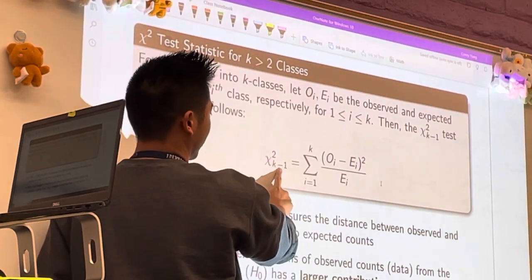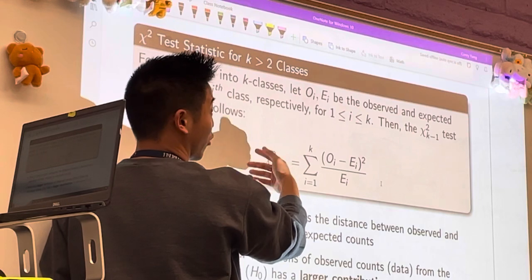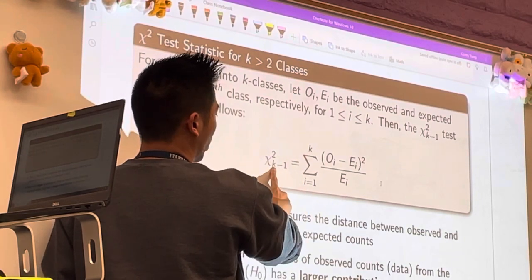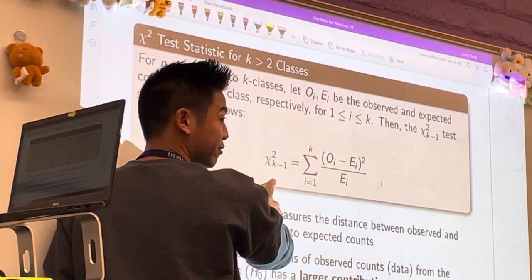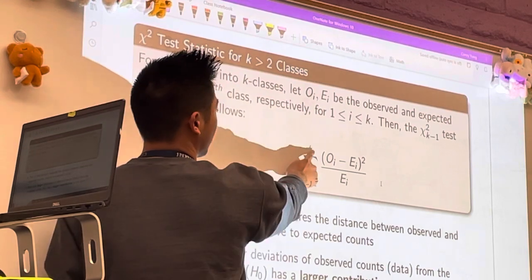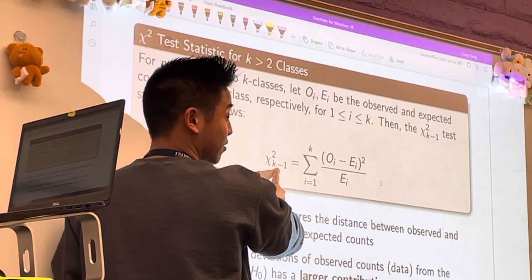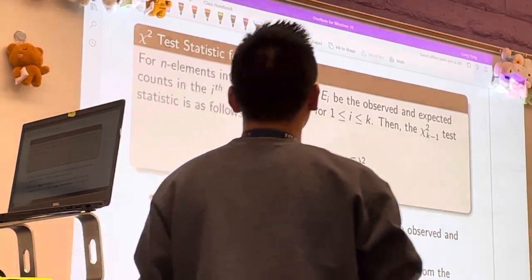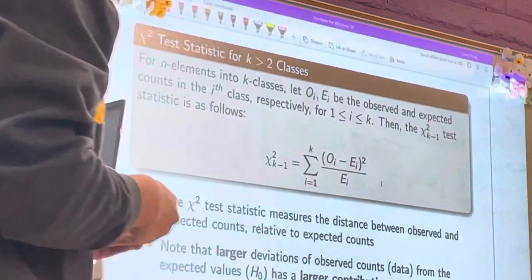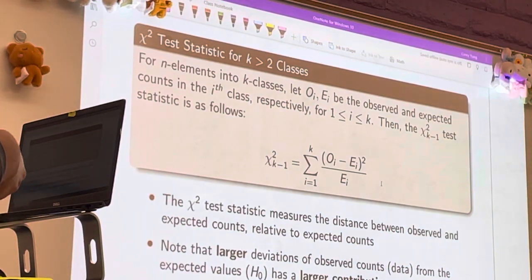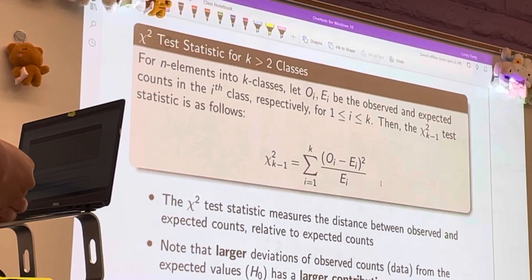And the degrees of freedom for our chi-square for today is going to be 1 less than the number of classes I have. So if I have 8 classes, like I just mentioned a moment ago, the degrees of freedom will be 7. Now, this is the test statistic that we're going to be working with. Notice how it's structured.